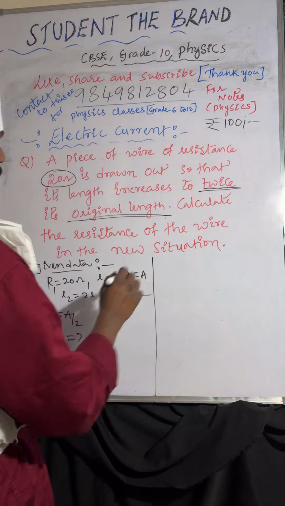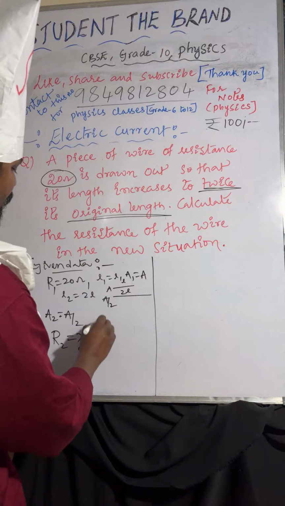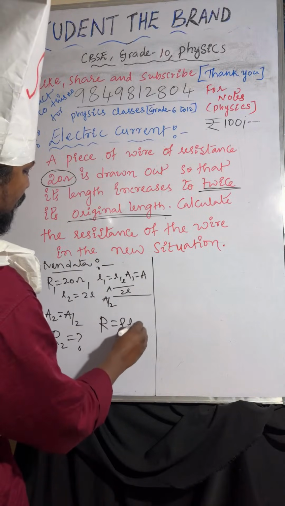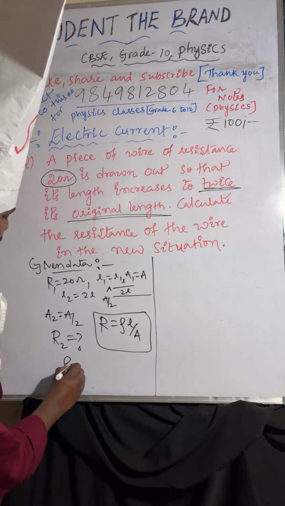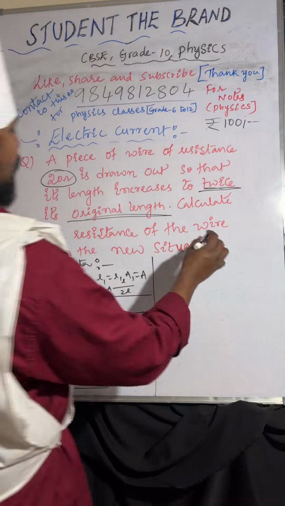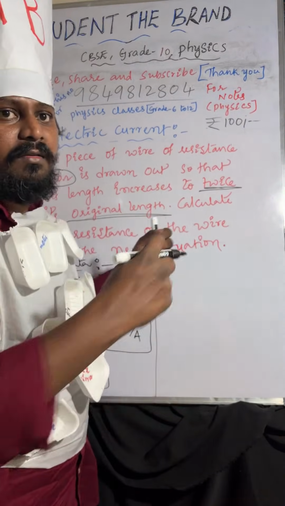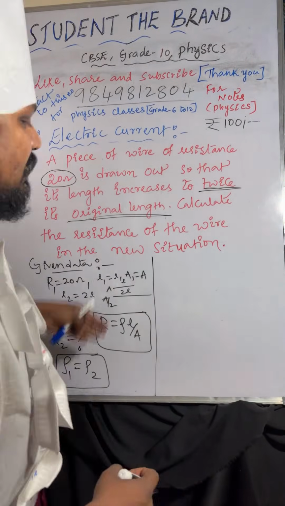So the normal formula is R equal to rho into L by A. In these two cases rho is the same, because the same metal is drawn out, so automatically the resistivity is the same.